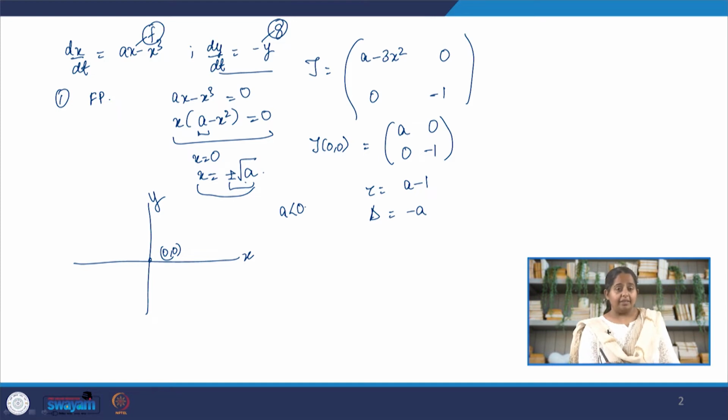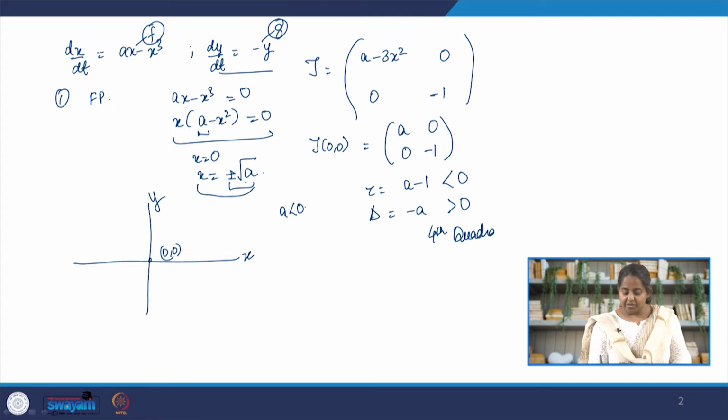Now, remember a is negative, so tau is going to be less than 0. Also remember that delta is equal to -a, which means delta is going to be positive. So, our tau is negative and our delta is positive, so we are in the fourth quadrant. By the way, the graph I am referring to when I say fourth quadrant is the tau versus delta diagram, where on the left side, in the second and third quadrants, we are dealing with saddles.